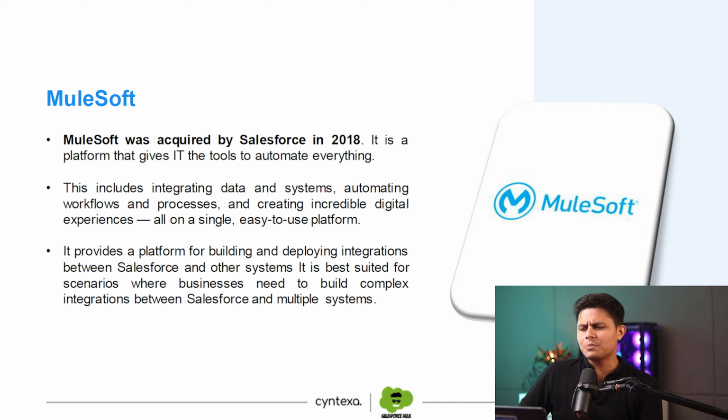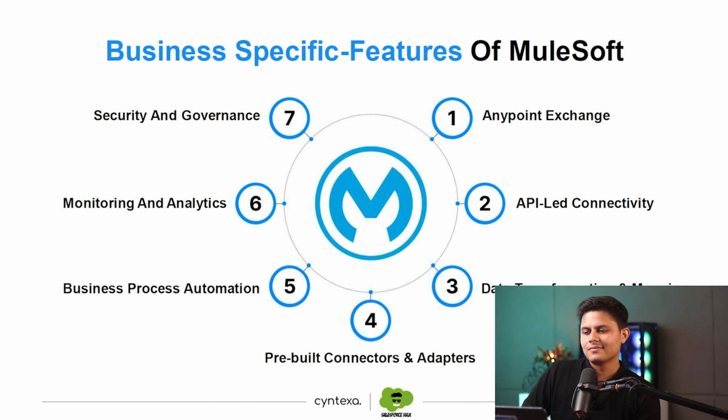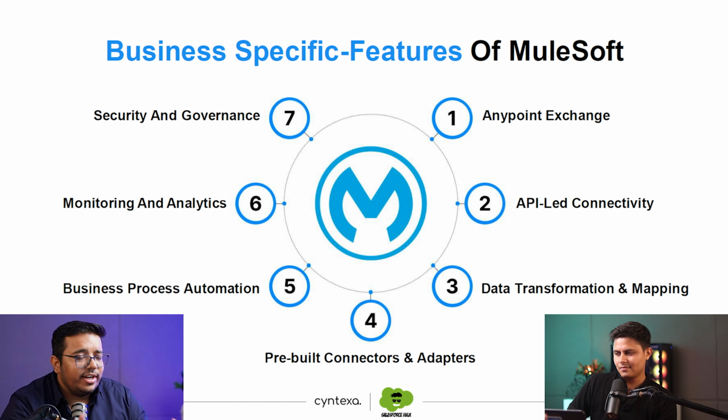Now let's talk about the business specific features of Mulesoft. As I said earlier, they provide Anypoint Exchange, where we can get different kinds of connectors. Anypoint Exchange is a marketplace for Mulesoft, where you'll get pre-built connectors and adapters that Mulesoft has already created.